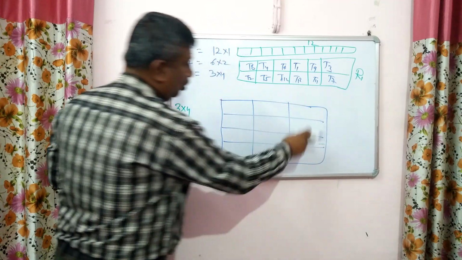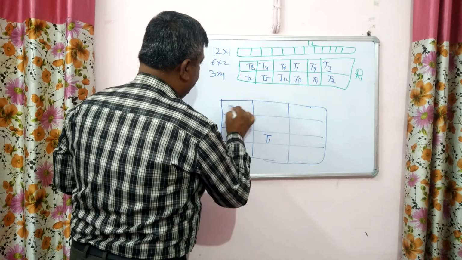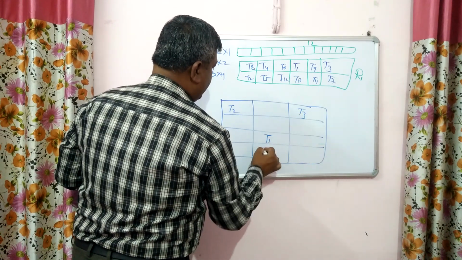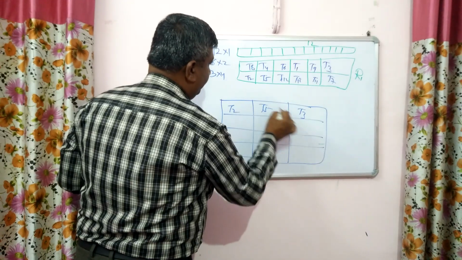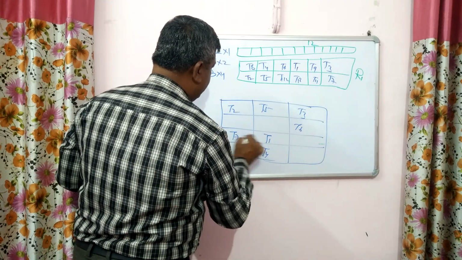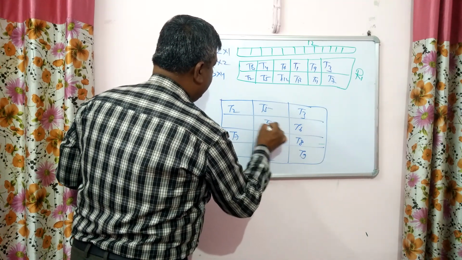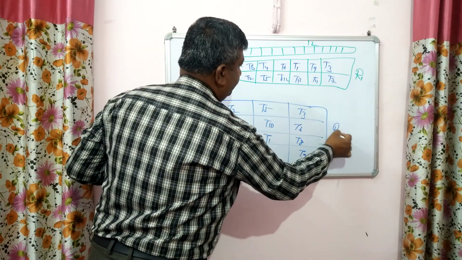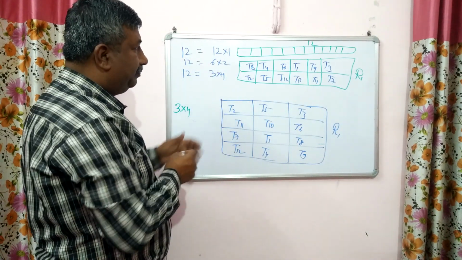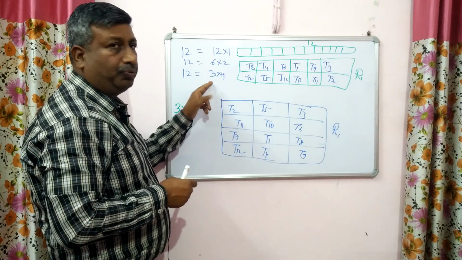Now there are 12 plots and we can allocate randomly using a random number table: T1 to T12. So this is R1. The best plot sizes are 12:1, maybe 6:2, 3:4.